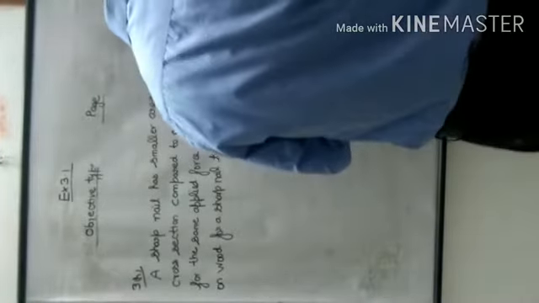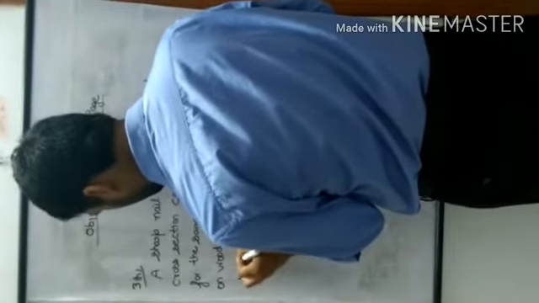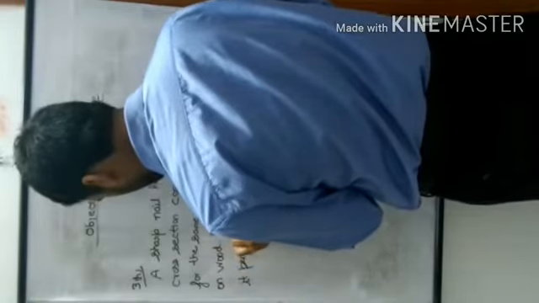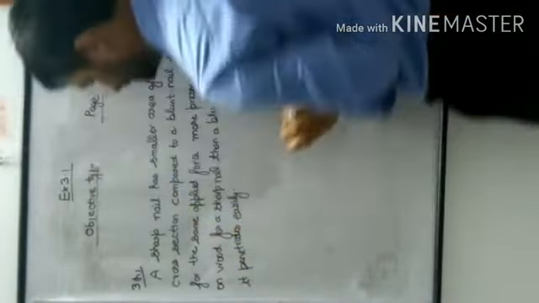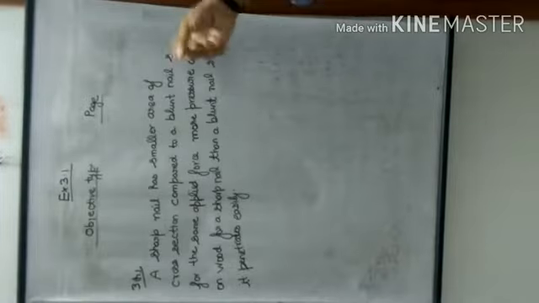So it penetrates easily. So what is that? A sharp nail has a smaller area of cross section and a blunt nail has more.